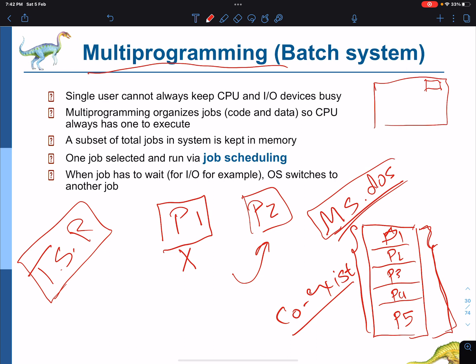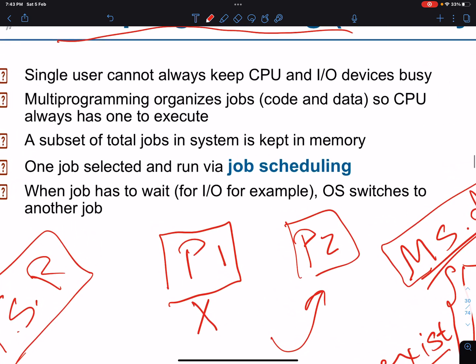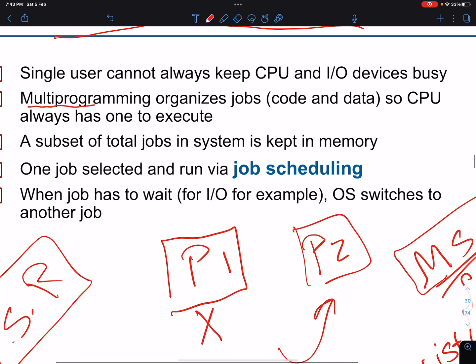Earlier versions of an operating system called MS-DOS, which is the origin of Windows, that we used in the late 80s, early 90s, it was a single one. So in memory, you have one and only one program beside the operating system, of course. Okay. So multi-programming organizes jobs.